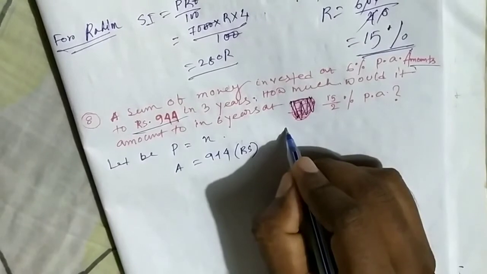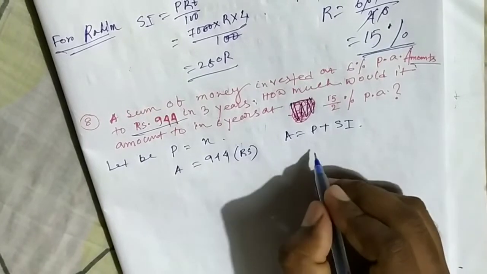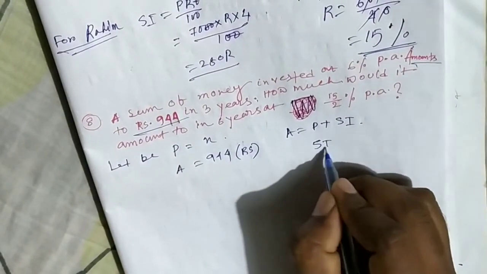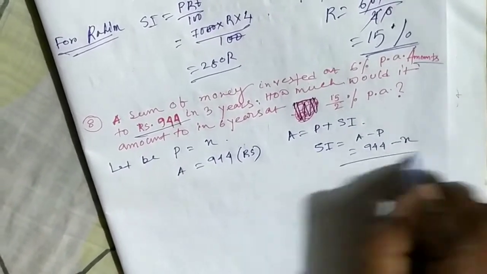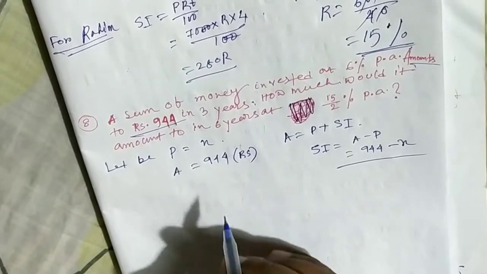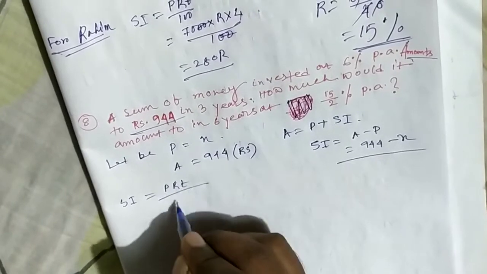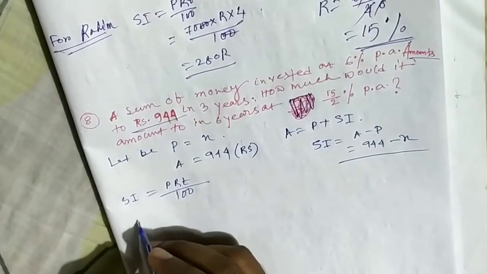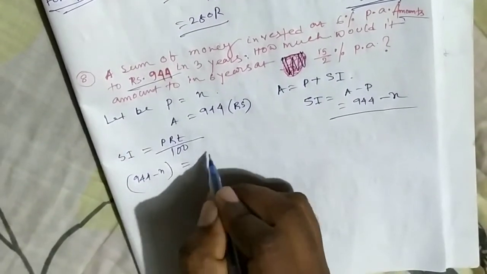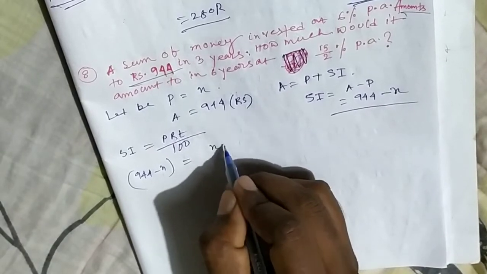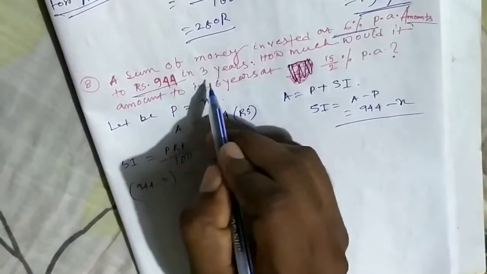We know that A is equal to P plus SI, simple interest. Simple interest is equal to A minus P, X. We put the formula. Rate of interest 6%, time 3 years.